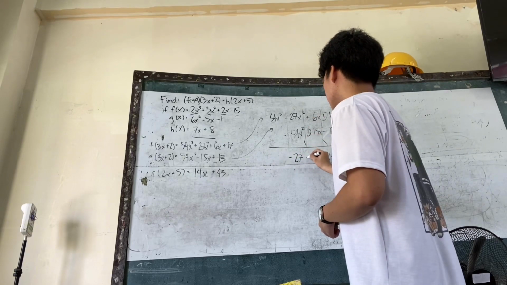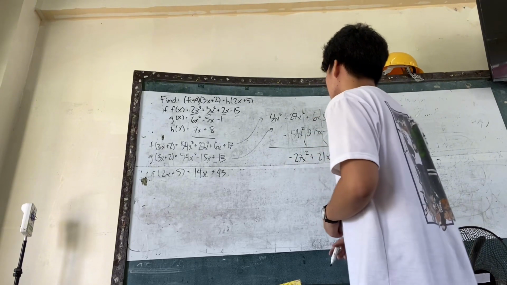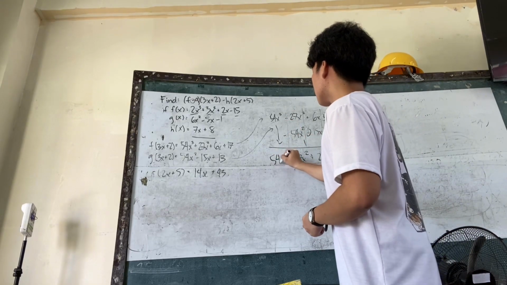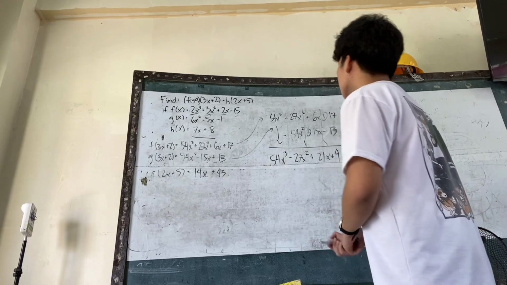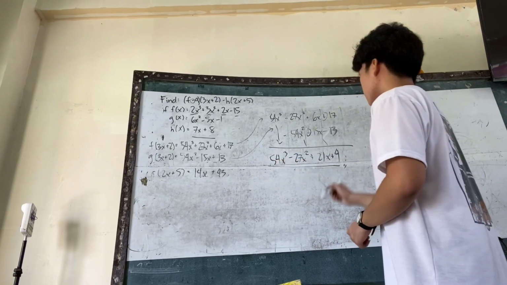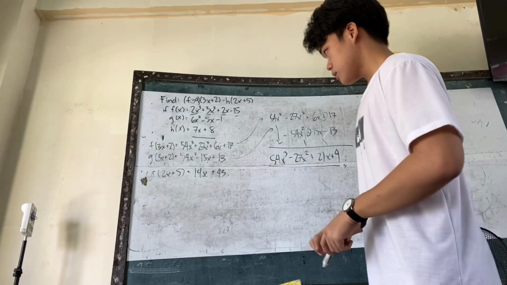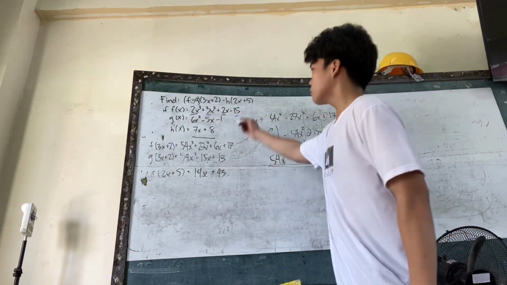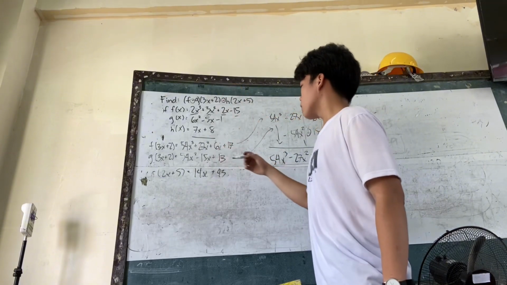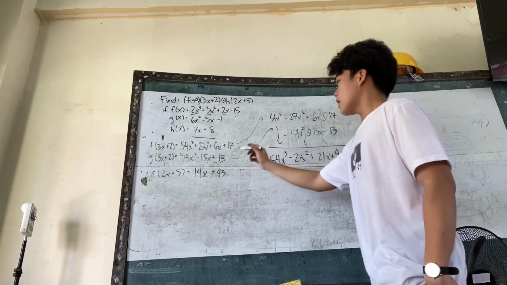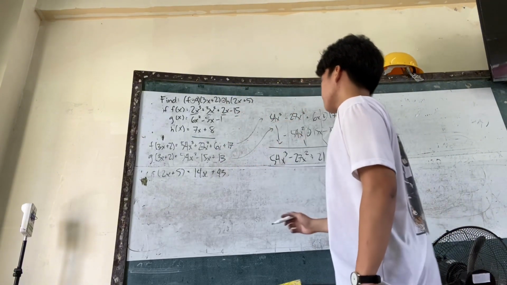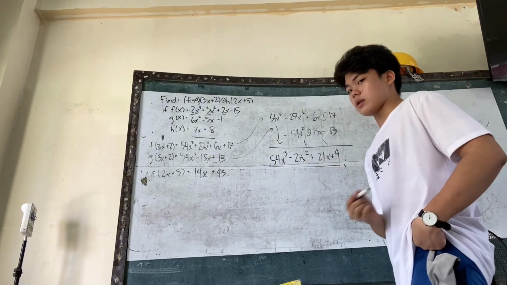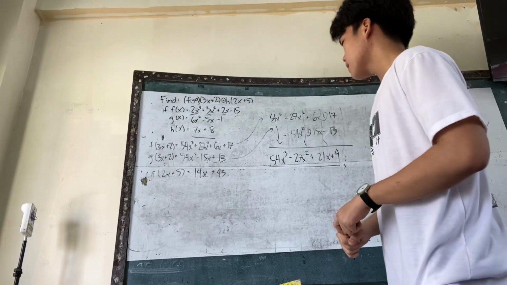Copy the variable 27x², and bring down 54x³. This is the value of f minus g. So our second operation is of course subtraction. We are going to subtract the value of h(2x + 5) from 54x³ − 27x² + 21x + 4.